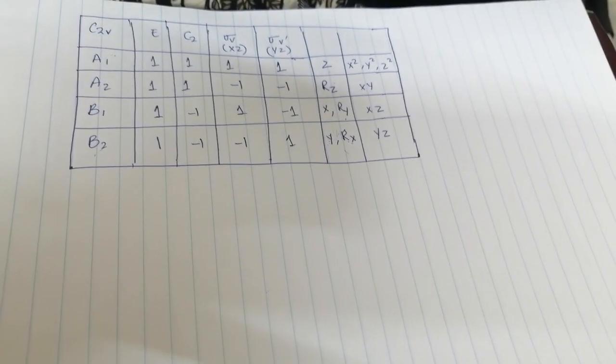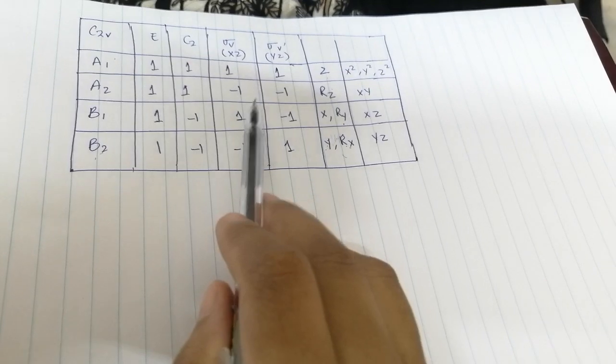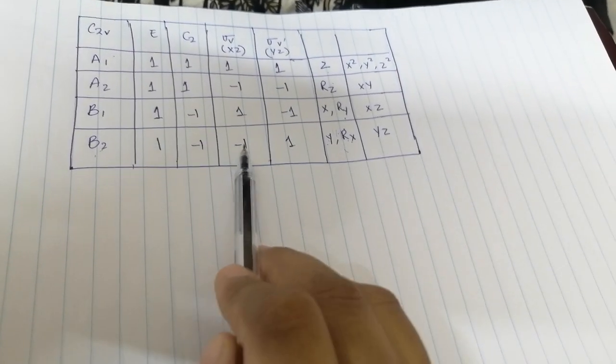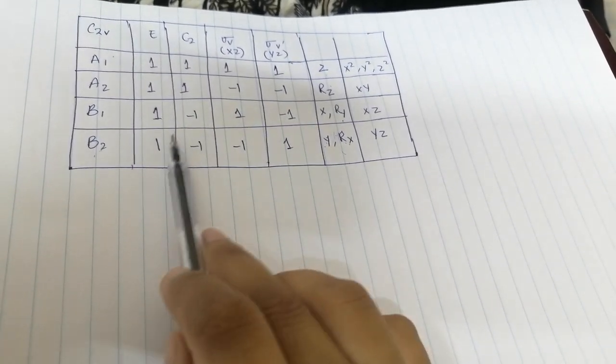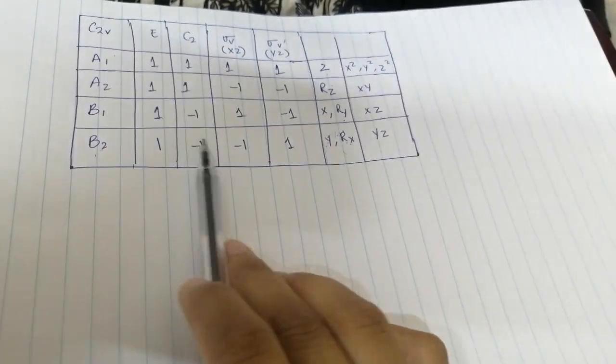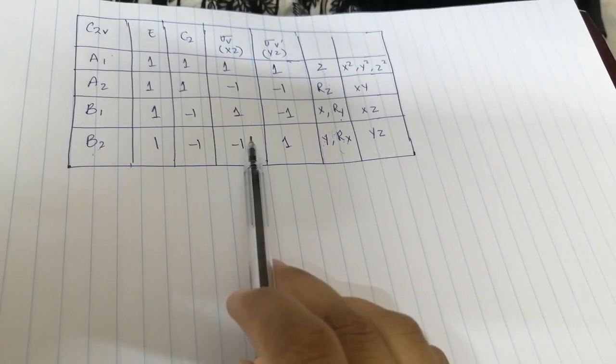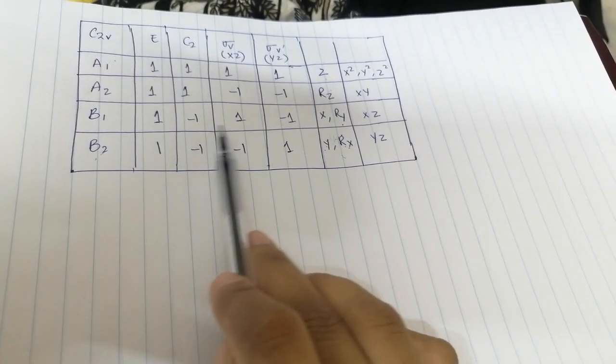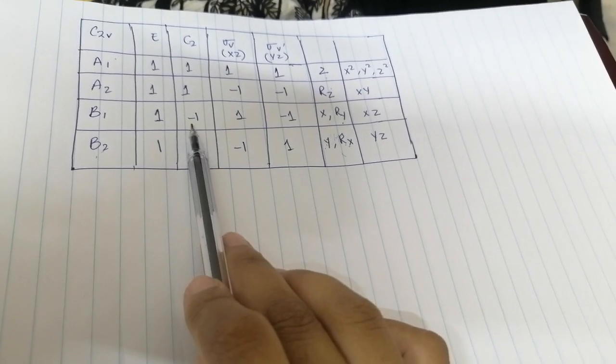Okay, then what is this? 1, -1, 1, -1, 1, -1, -1, 1. These are your representation, a representation of the symmetry properties of certain molecular properties.